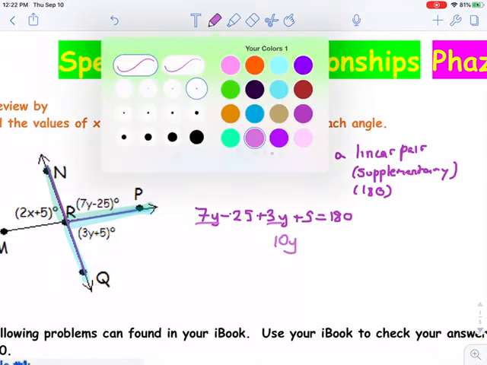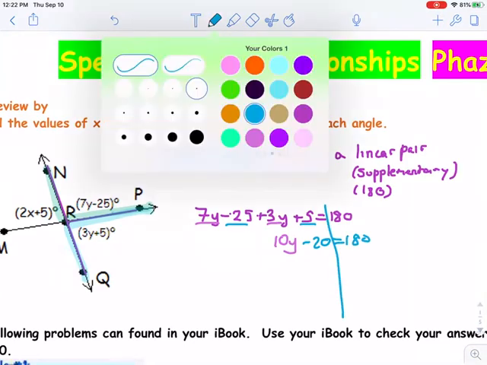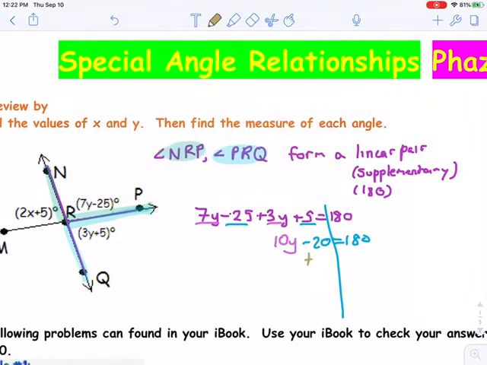So I get 10y minus 20 equals 180. Then I'm going to add 20 to both sides, because I've got to isolate the y. So 10y equals 200, divided by 10, y equals 20.